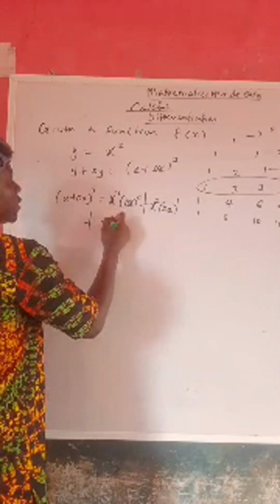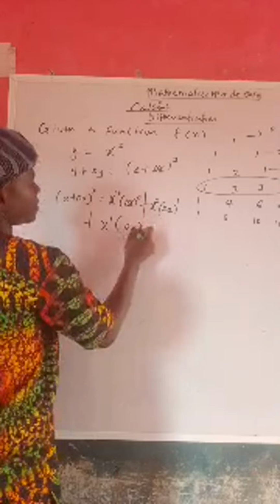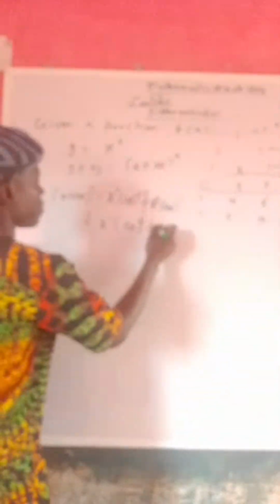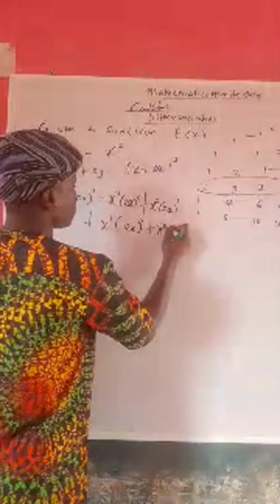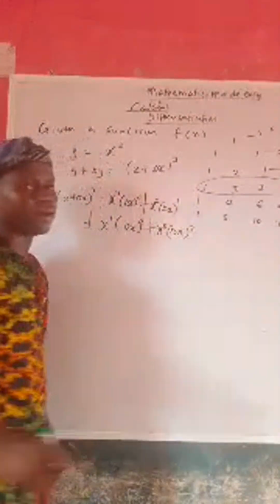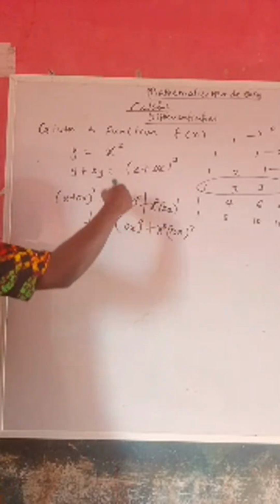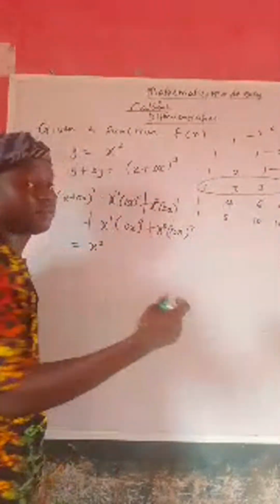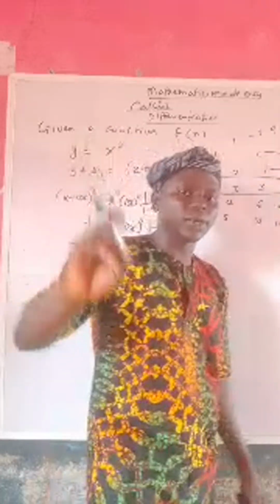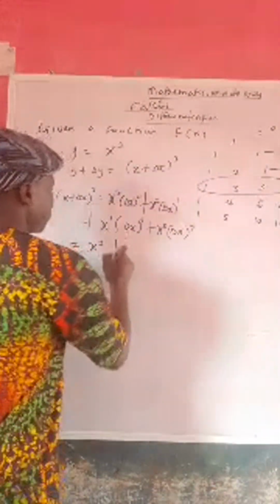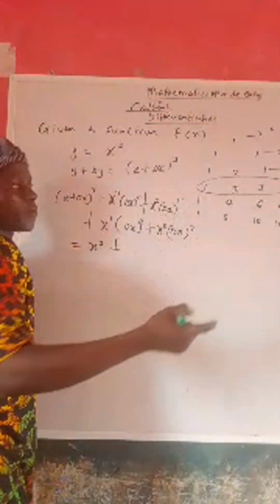Plus x to the 1st power, then change in x to the 2nd power. Plus x to the 0th power, then plus change in x to the 3rd power. So this will be equal to x cubed; change in x to the 0th power is 1, since anything raised to the power of 0, except 0, gives you 1. Then change in x to the 1st power is change in x.